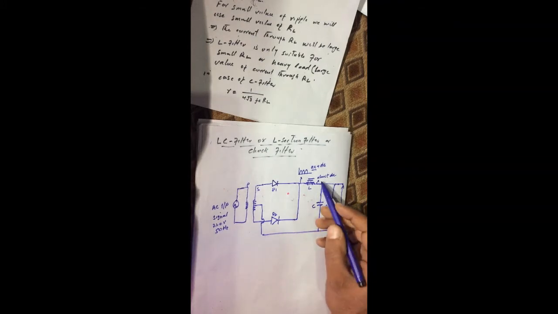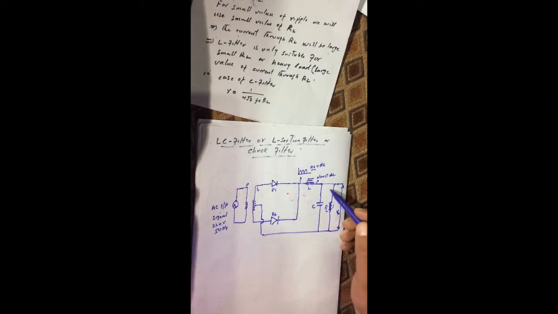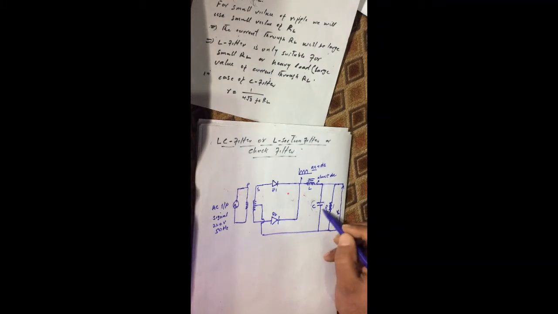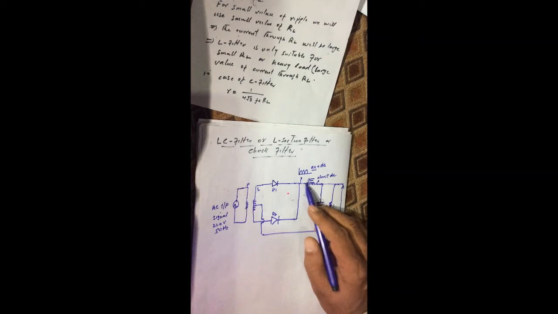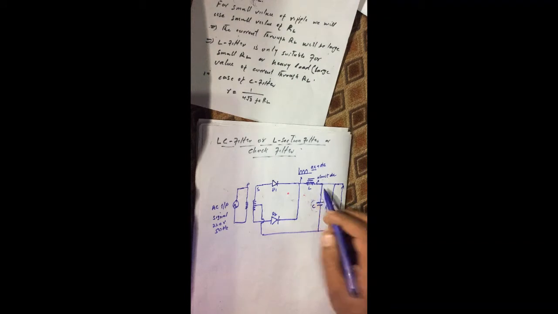Now once this almost DC current reaches here, it either passes through this capacitor or through this inductor. But this capacitor only allows AC current, so for the remaining part of the AC component, some part is blocked here, and a small variation will pass through this capacitor.